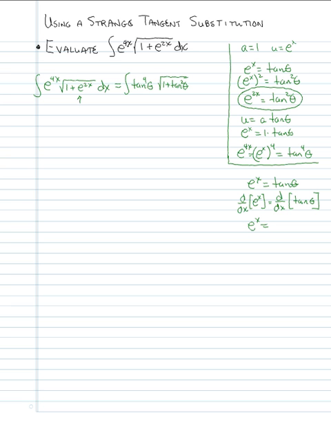So the derivative of tangent is secant squared theta, but then we have to take the derivative of what the tangent is of, theta, with respect to the variable x.